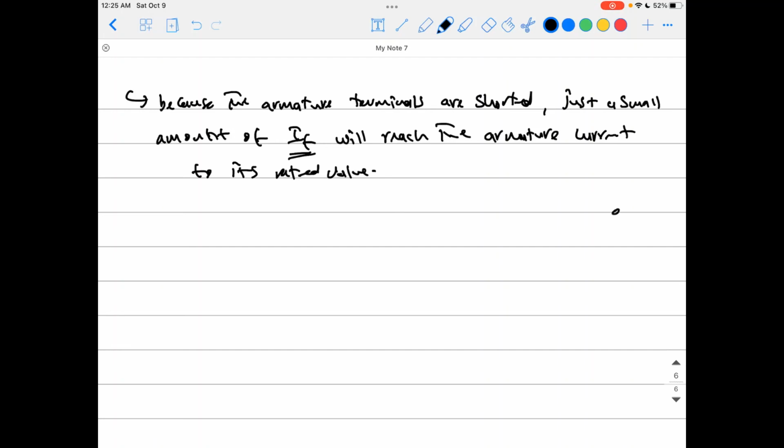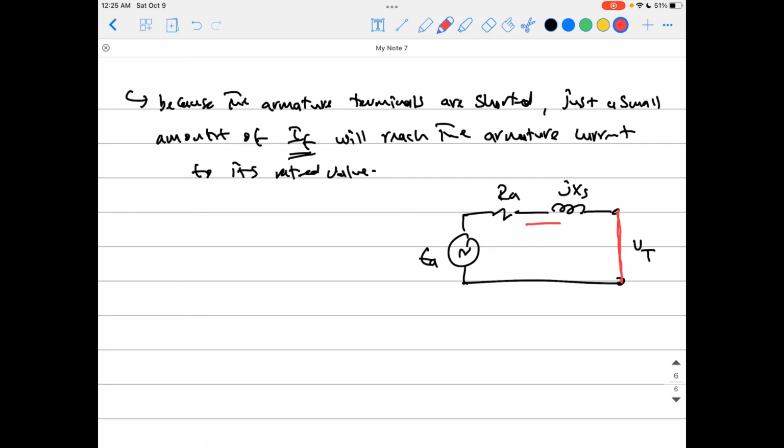Okay, so again, why are we doing this? Back to the equivalent circuit: jXS, RA, here is the induced voltage EA, and now that is V terminal. In the test, we are just placing a short circuit here. That means the current moving here is IA, and we are placing an ammeter just here to measure this current.